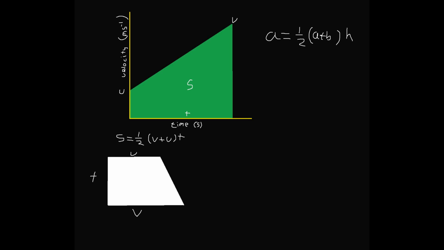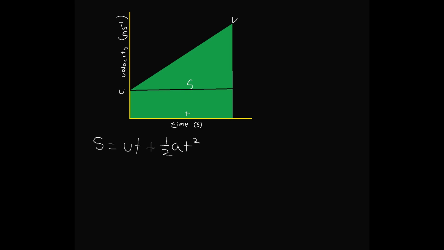So just using this equation here, we can plug in our values, and of course you know that this is equal to s. So s will therefore be equal to 1/2 multiplied by u plus v multiplied by t. Simply done.